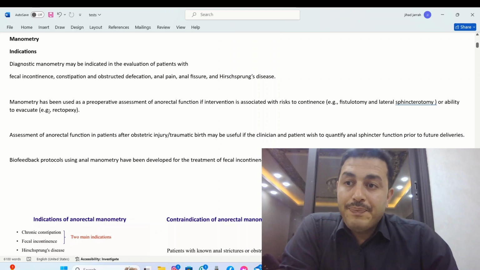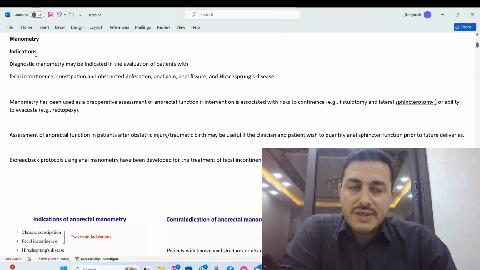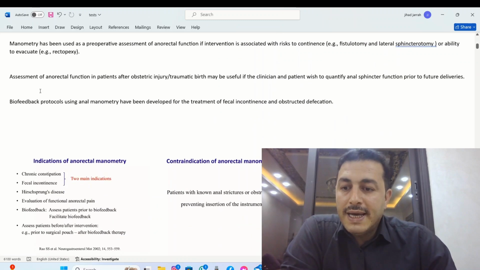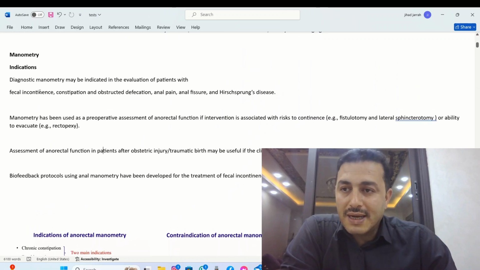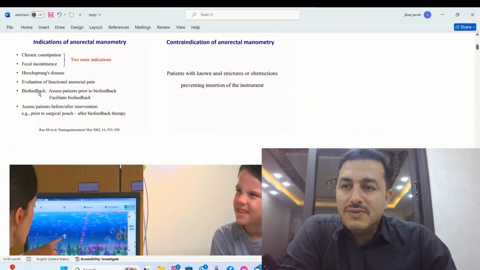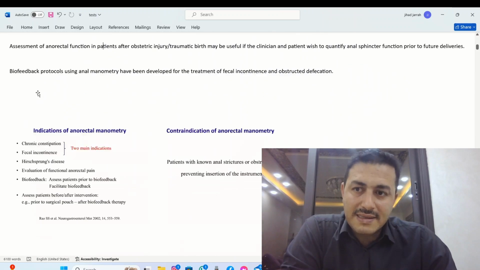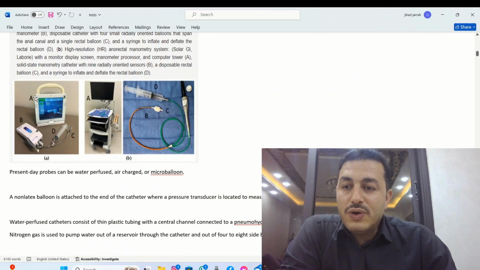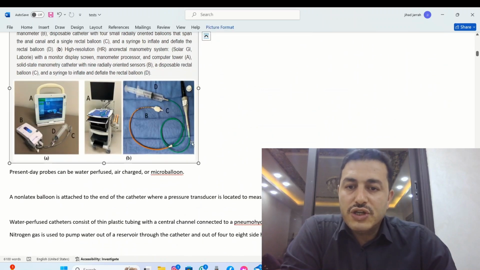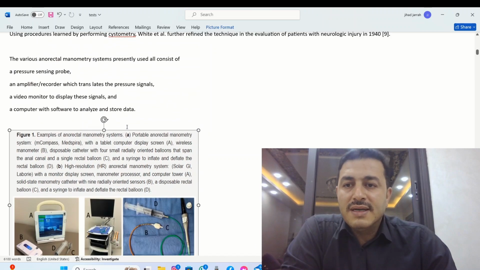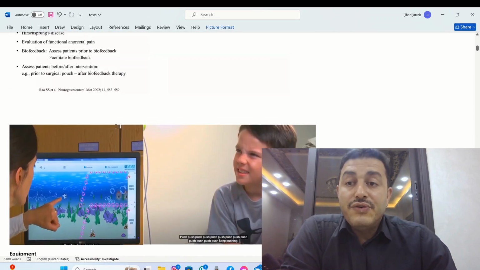Okay, the anorectal manometry, or simply manometry. Before talking about the equipment, I prefer to talk about when it is indicated, but just to imagine what we are going to talk about, this is the anal manometry. We will talk about the different parts, but imagine that there is a pressure-sensing probe inserted in the anorectal region.